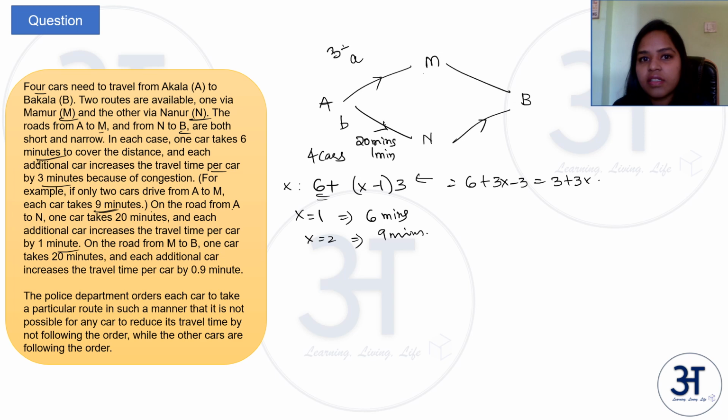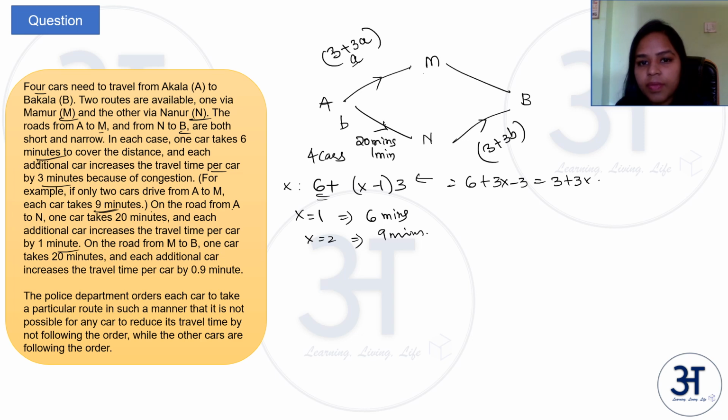So 3 plus 3A will be the time taken to reach from A to M if A cars are traveling from A to M. Similarly, from N to B, it will be 3 plus 3B.